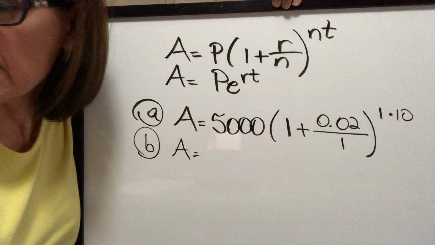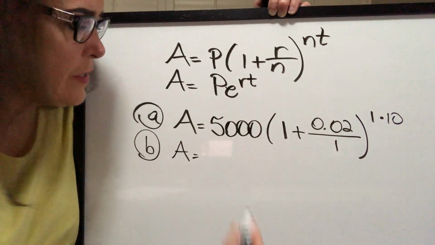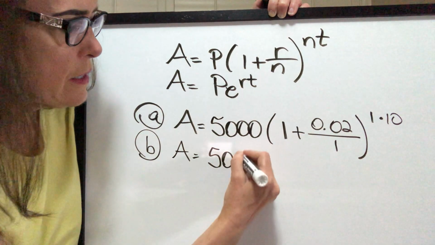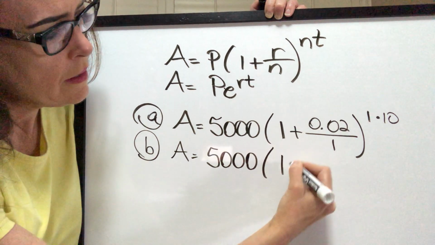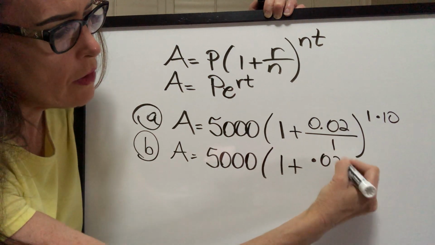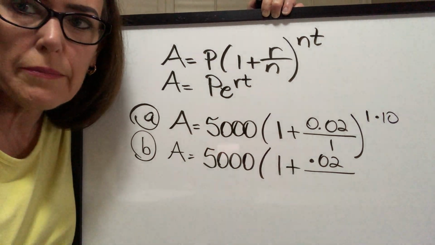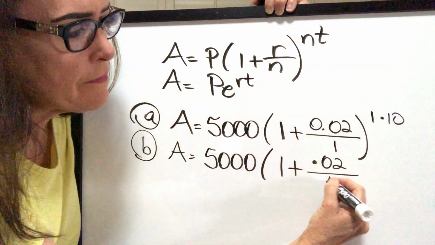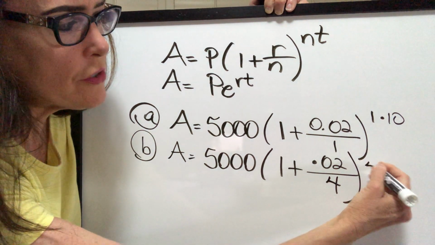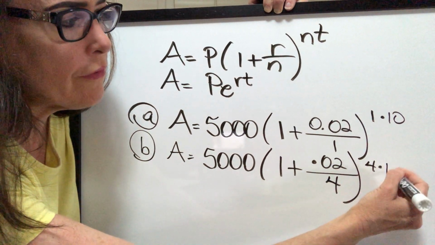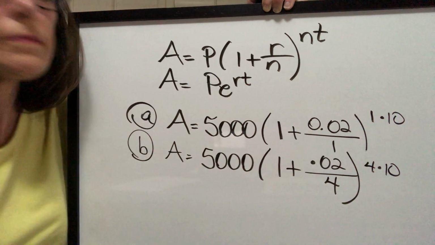So the next one is the same information but quarterly. So that means I'm going to change one value only, and that's the n. So instead of 1, quarterly means there would be 4 times a year. So change that to a 4, which also changes the exponent to 4 times 10.